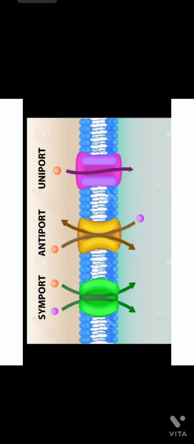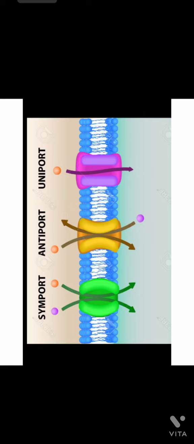Here the glucose is present. The problem is that glucose cannot enter the cell singly, so it combines with sodium, and the two molecules together move from the outside to inside, which is called symport.